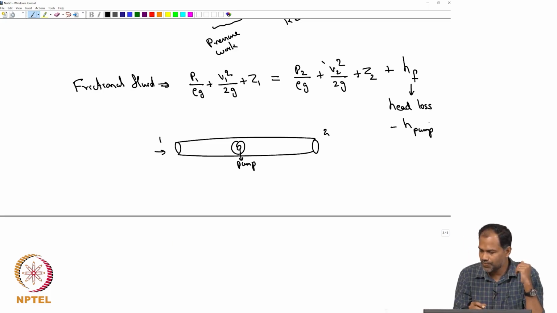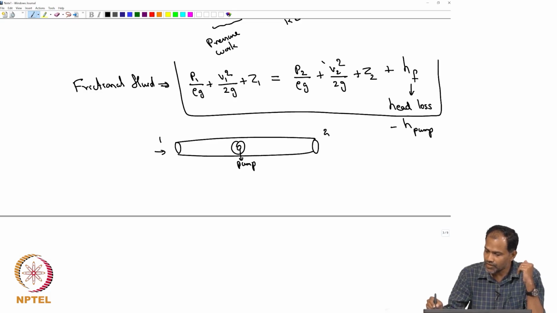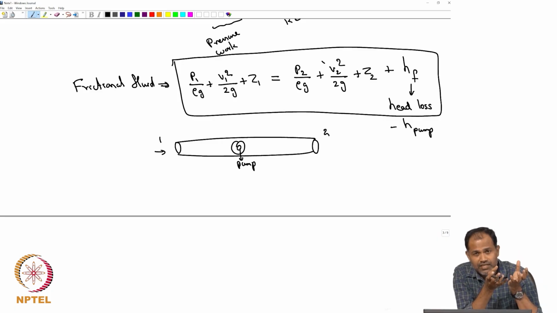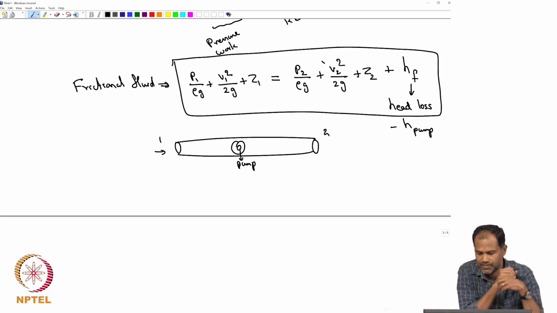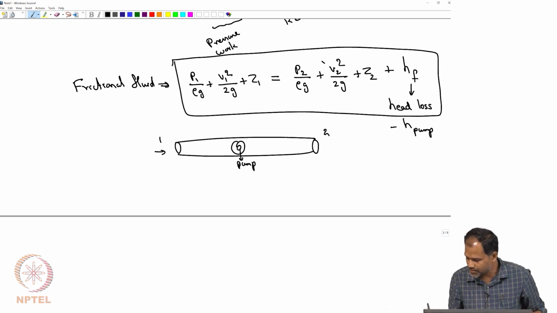Typically we will worry about that equation. If you have a pump, you know how to add it, or if you have something which is extracting energy, like for example a turbine, then you have to remove that turbine head. So, depending upon what you have in the system, you can keep adding or subtracting different heads. So, that is really the energy balance.